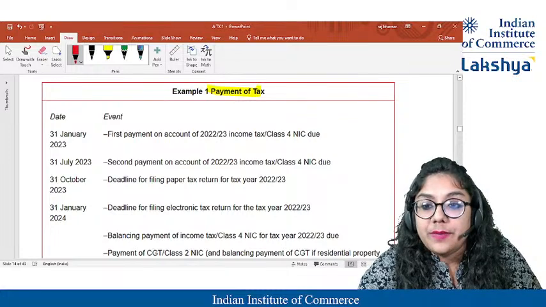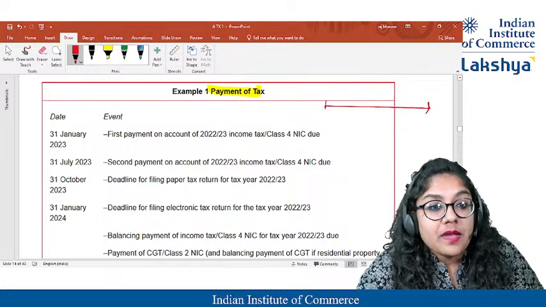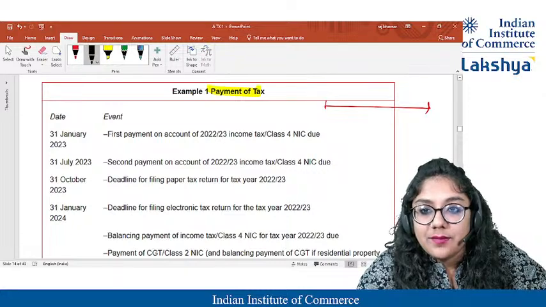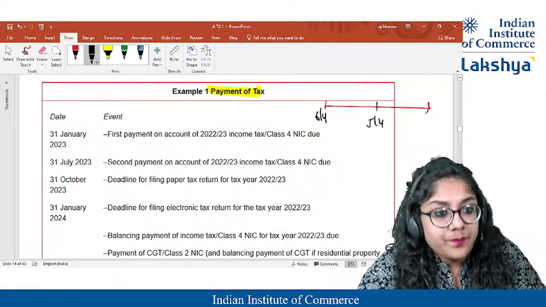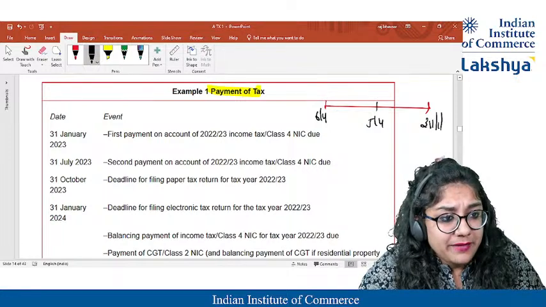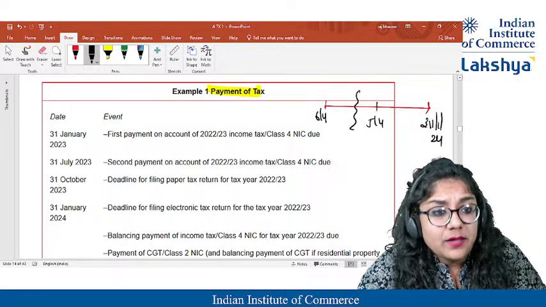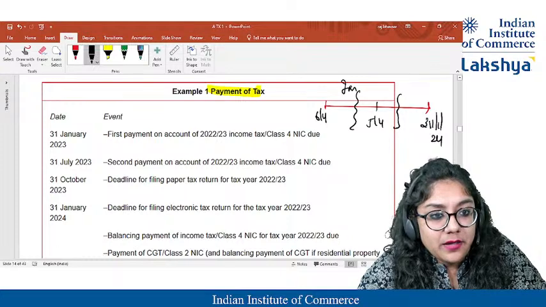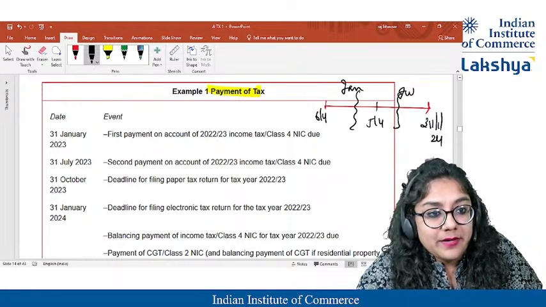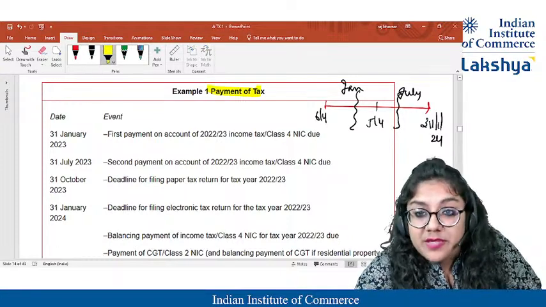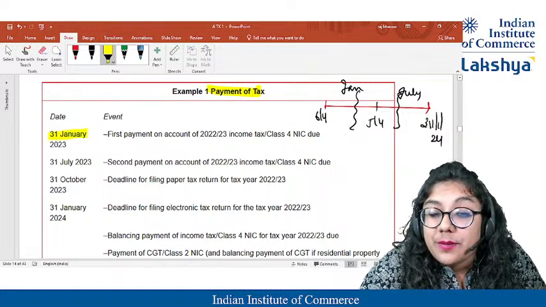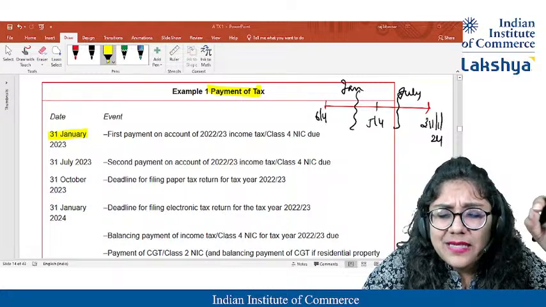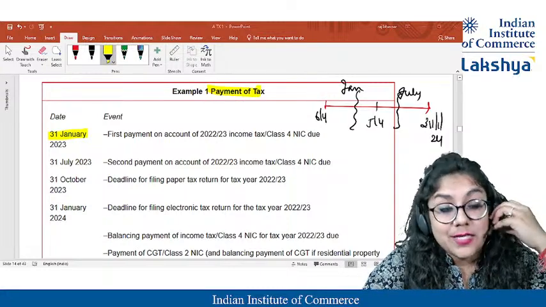The year is like 6th April to 5th April, and the year ends on 31st Jan 24. In between, Jan and July end. So the first payment is to be made on Jan 31, but class 2 NIC will not be paid, only class 4.